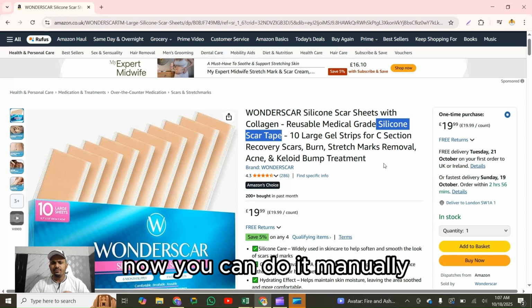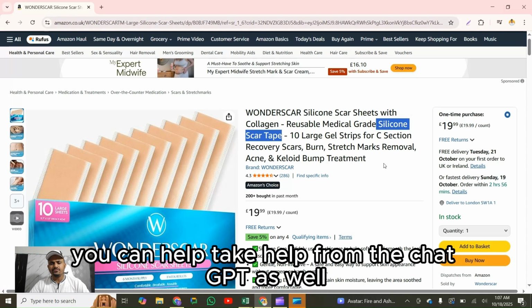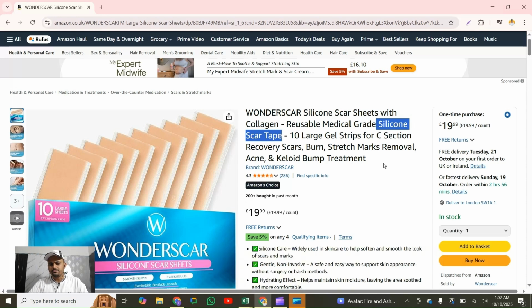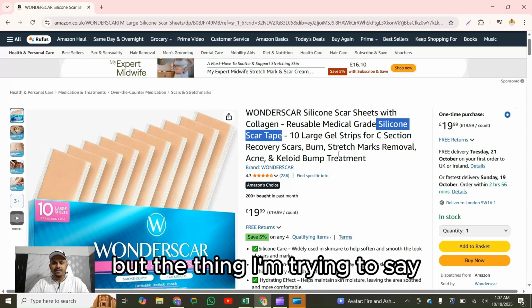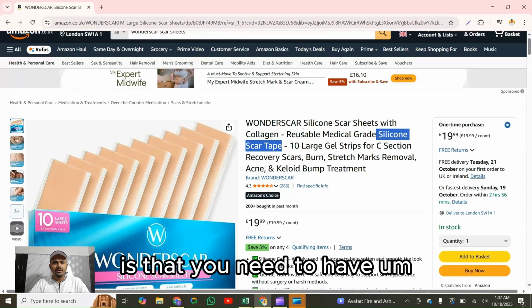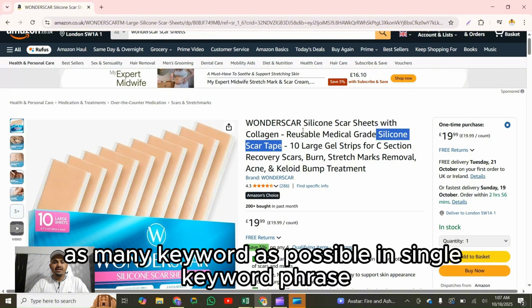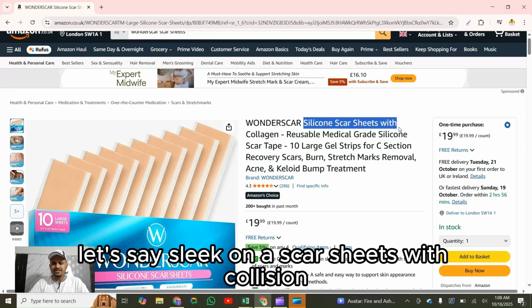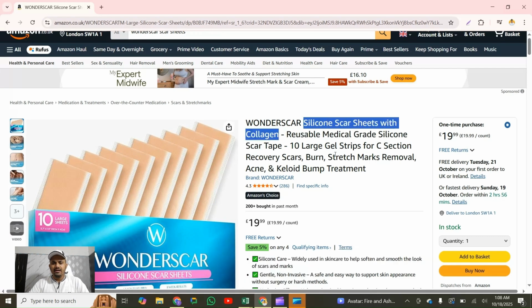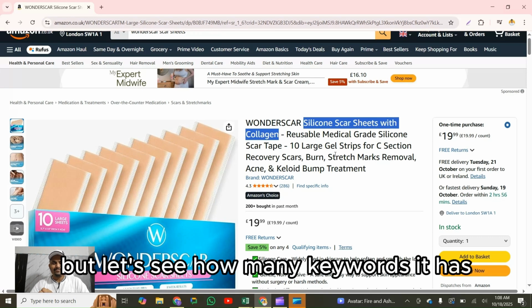Now you can do it manually, or you can take help from ChatGPT for creating those combinations. But the thing I'm trying to say is that you need to have as many keywords as possible in a single keyword phrase. So for example, let's say "silicon scar sheets with collagen" is a single phrase, but let's see how many keywords it has.